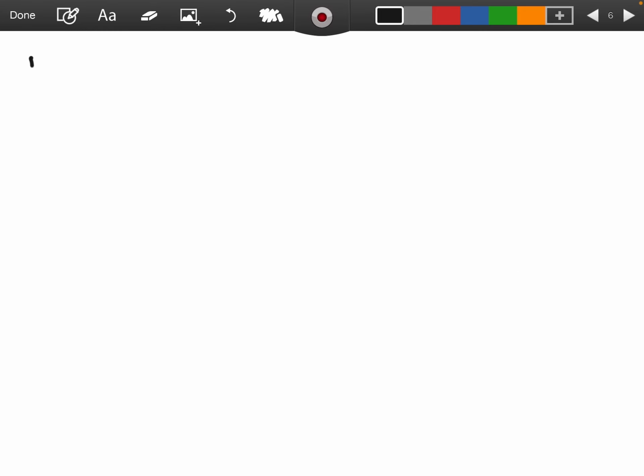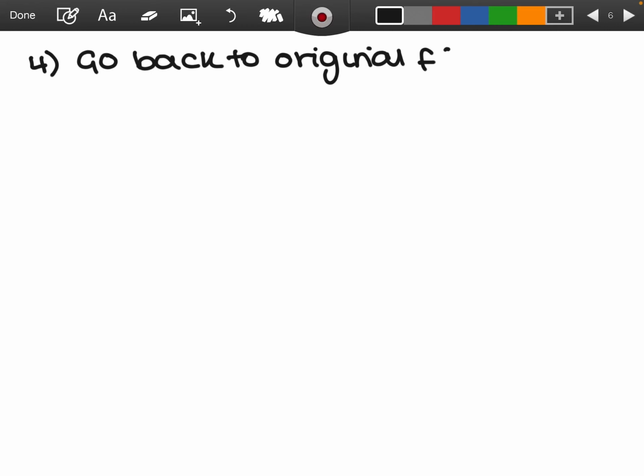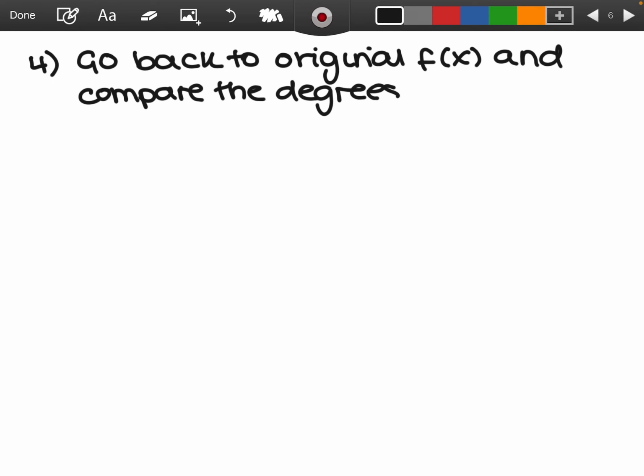The next step is dealing with any horizontal asymptotes. So you're going to compare the degree of the numerator to the degree of the denominator for our original f of x. So we're not worrying about any simplified forms or anything like that. Go back to the original f of x and compare the degrees of p of x and q of x.